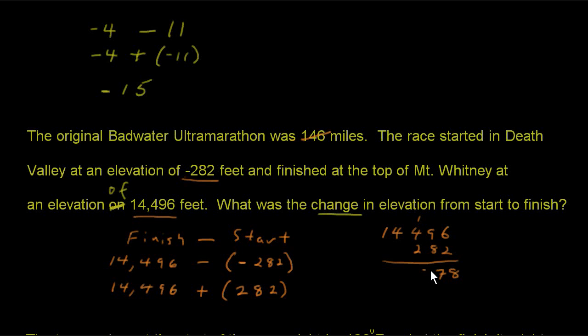Carry the 1 and we get 7 here, and a 4 and a 1. 14,778, and the common sign was positive, so our answer is 14,778 feet. That was the change in elevation.